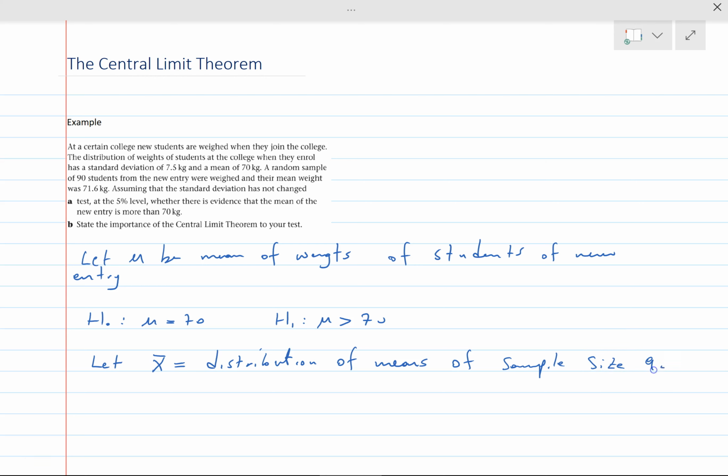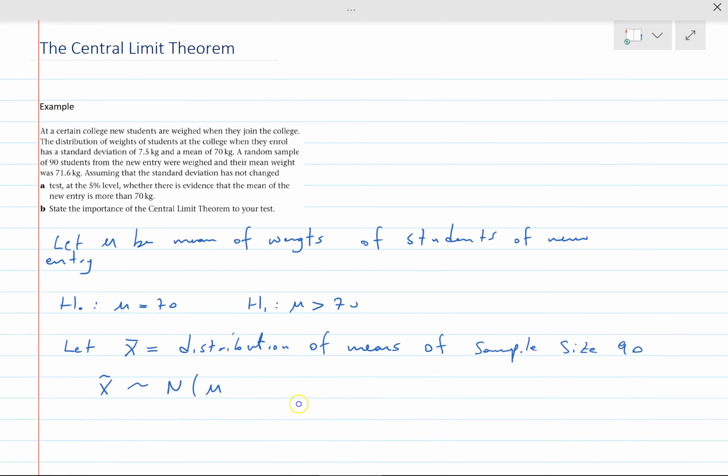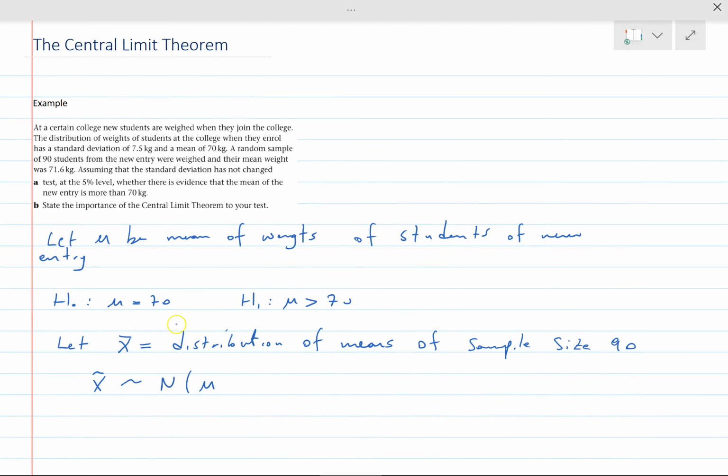Right, now therefore x will be normally distributed with mean mu. That's really part of the null hypothesis, but the mu is unchanged.